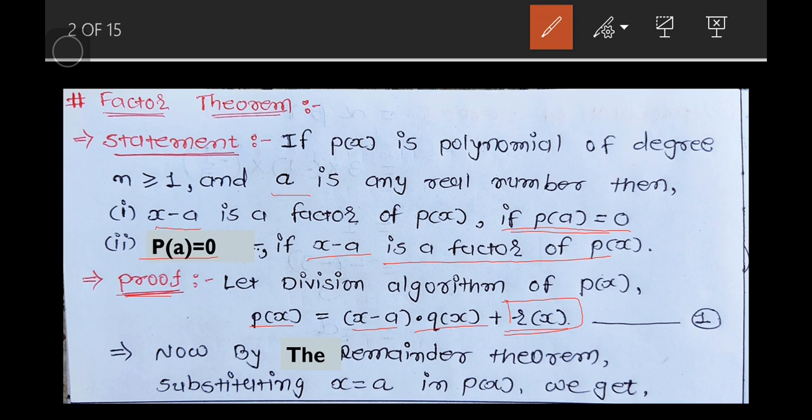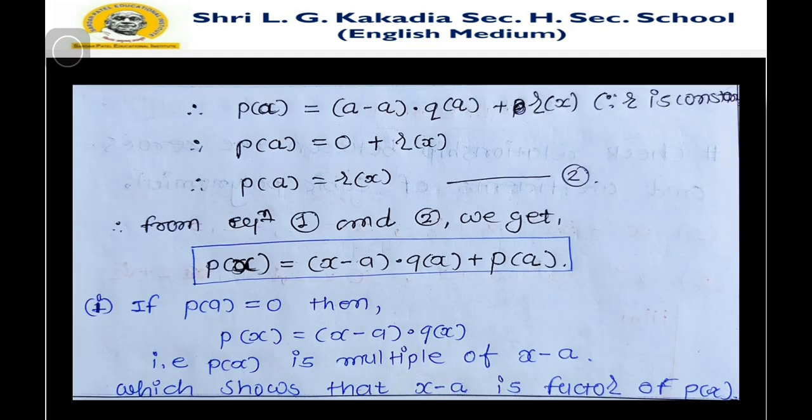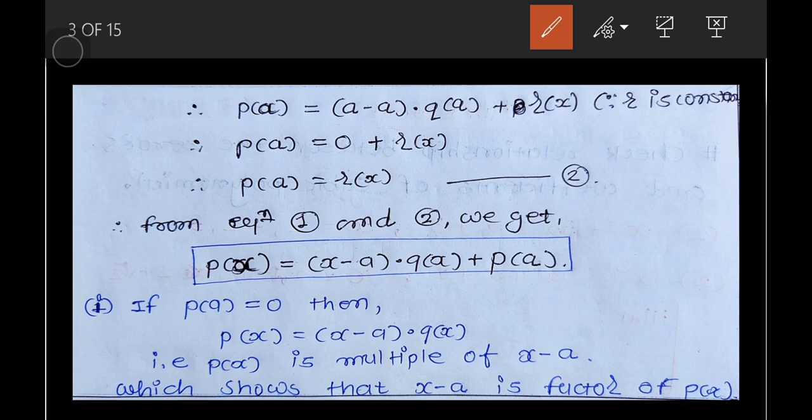By the remainder theorem, substituting x equal to a in p of x, we get p of a equal to (a minus a) into q of a plus r of x.